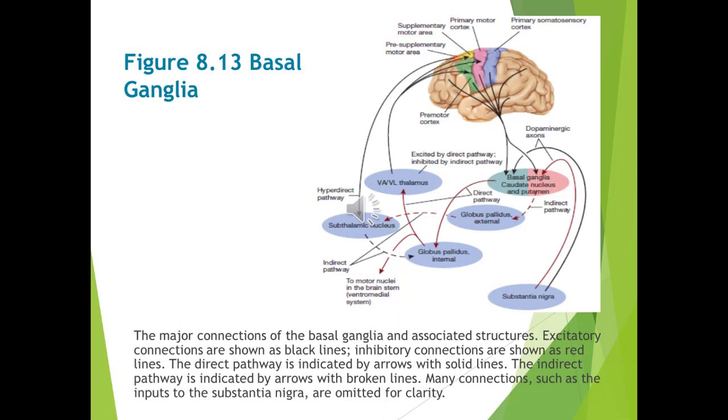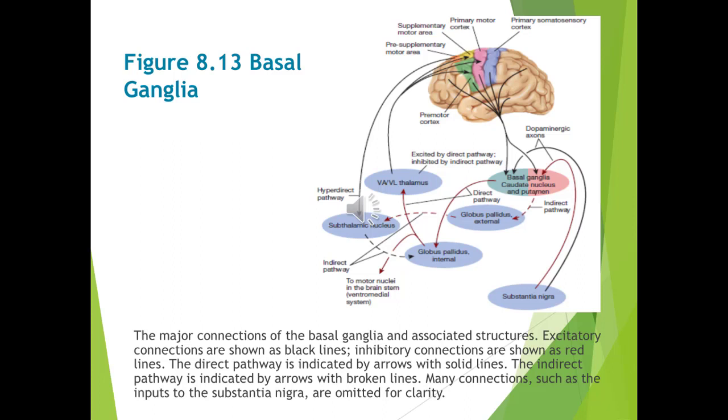In particular, the basal ganglia controls a lot of the inhibition of unwanted movements. And it's therefore the target of interest when it comes to neurodegenerative disorders like Parkinson's disease and Huntington's disease, which involve problems with dopamine neurotransmission in the basal ganglia.